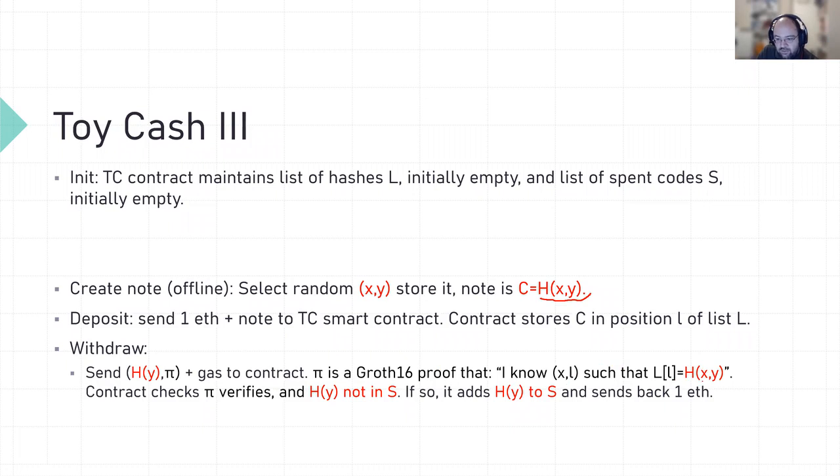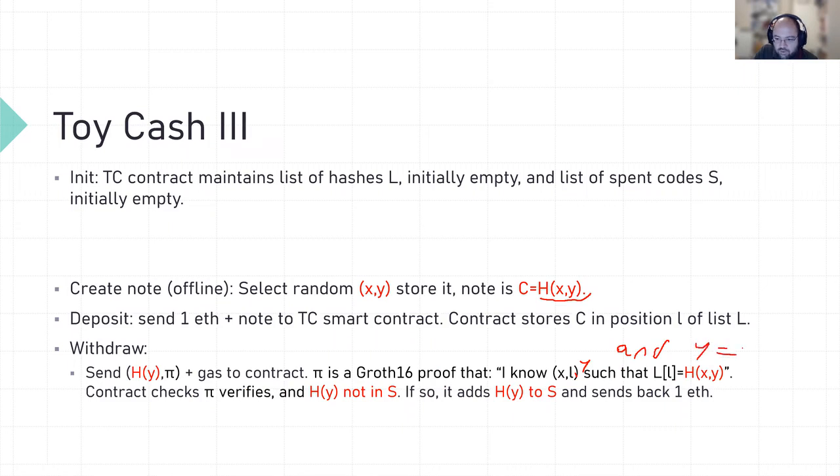So now it says that we know x and probably y here. Okay, some live additions.